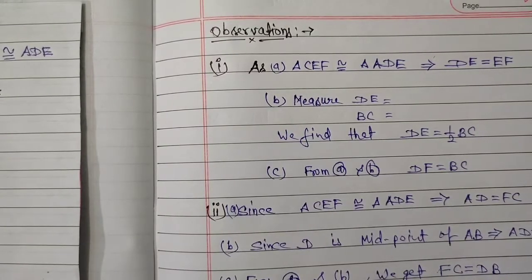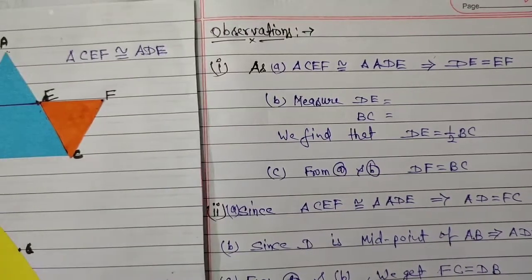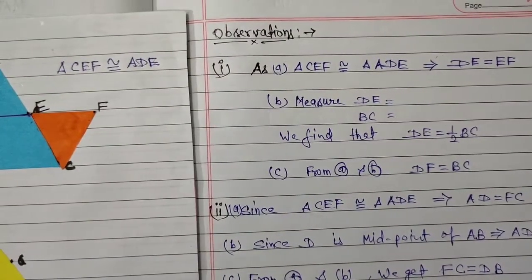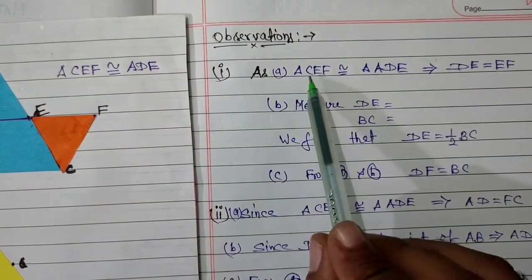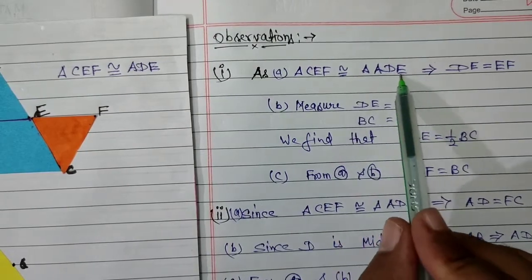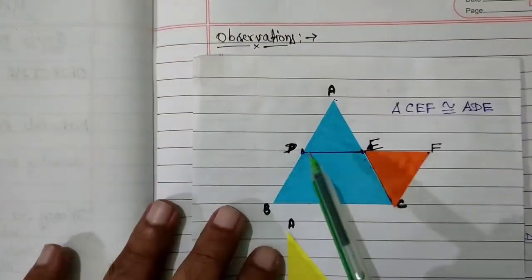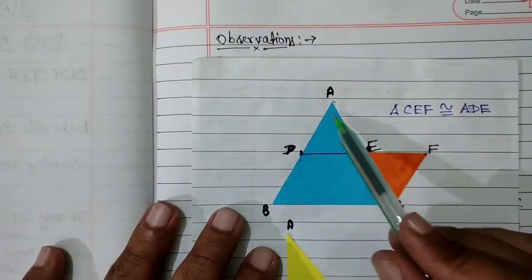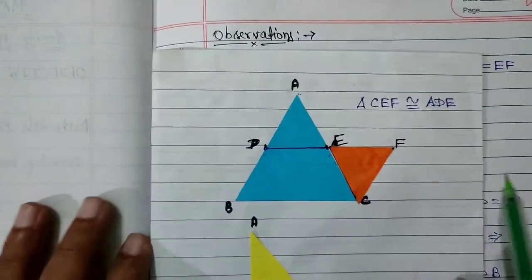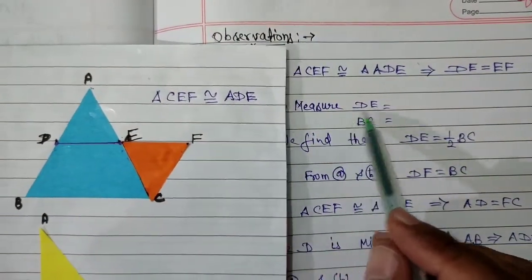Now see observation. First observation, there are so many observations. See what will happen. As you know that CEF is congruent to ADE, so DE will be equal to EF. See, DE will be equal to EF because this part is equal to this. I put it like this only. And now measure DE.